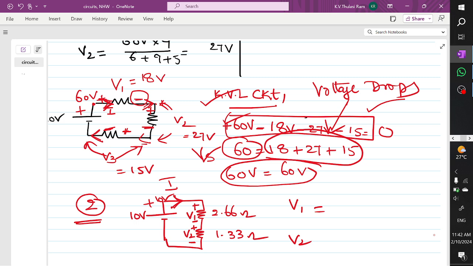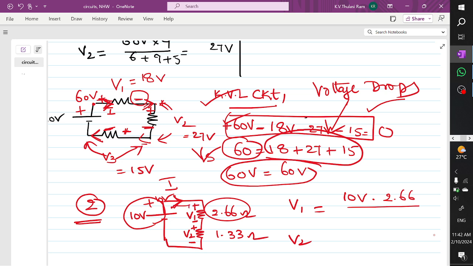So what is the V1 value? What is the total voltage? 10 volts is the total voltage, into the resistor we require, R V1, which is nothing but 2.66, divided by the sum of resistors which are connected in series.